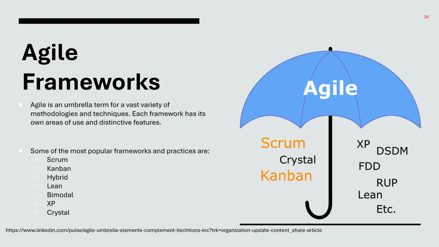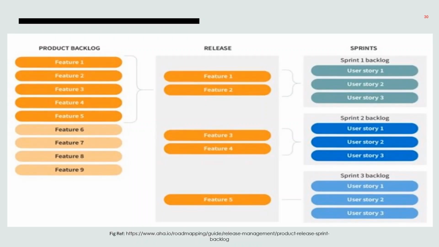And next, moving to Crystal. The Crystal framework suggests that different teams function differently depending on the size and the project priority. And moving to backlogs. A backlog is nothing but tasks and possible changes to the product.